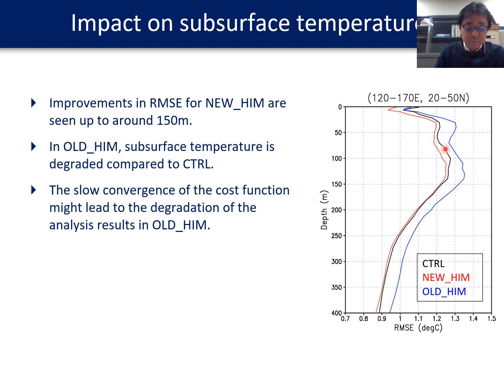In contrast, in the old HIM experiment, shown by the blue curve, subsurface temperature is degraded compared to the control experiment. This is probably because the slow convergence of the cost function led to the degradation of the analysis field in the old HIM experiment.